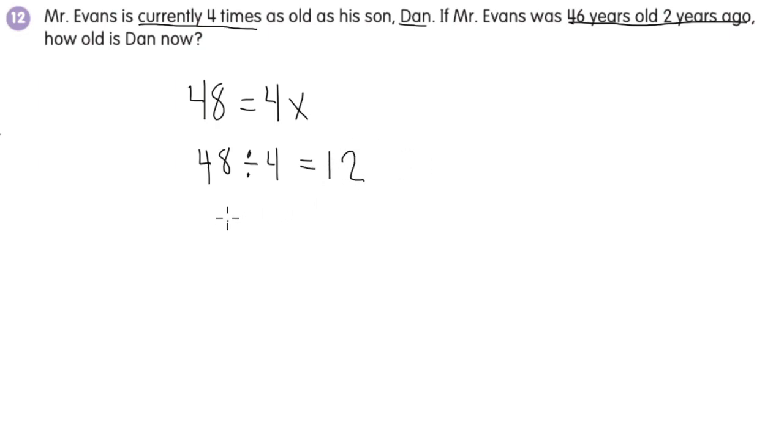So that means that X is equal to 12. So if Mr. Evans is currently 4 times as old as his son Dan, that means that Dan is 12 years old currently.